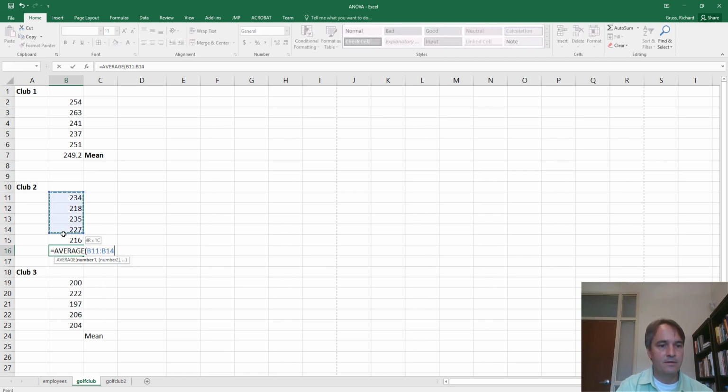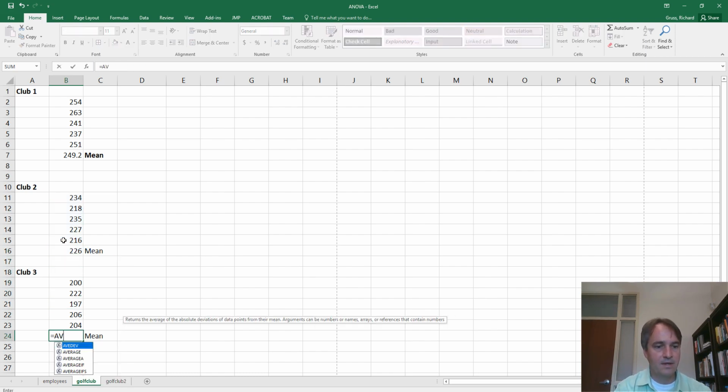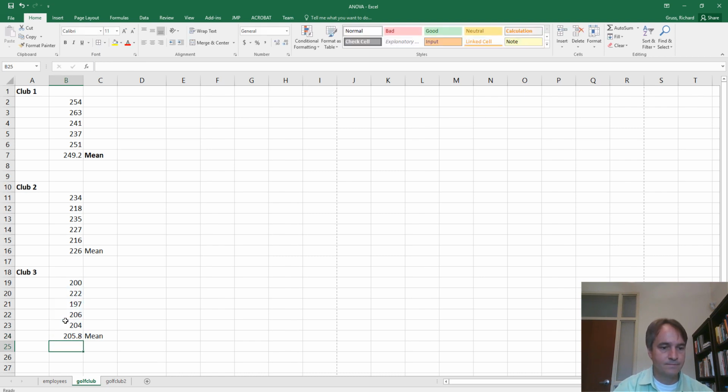Average of these: 226. And average of these: 205. Let's make these boldings consistent. These are the means within each club.